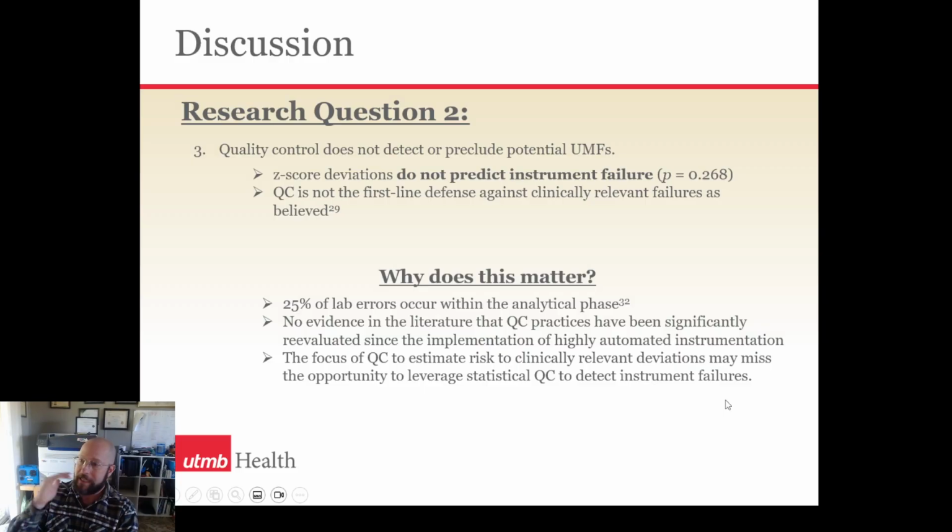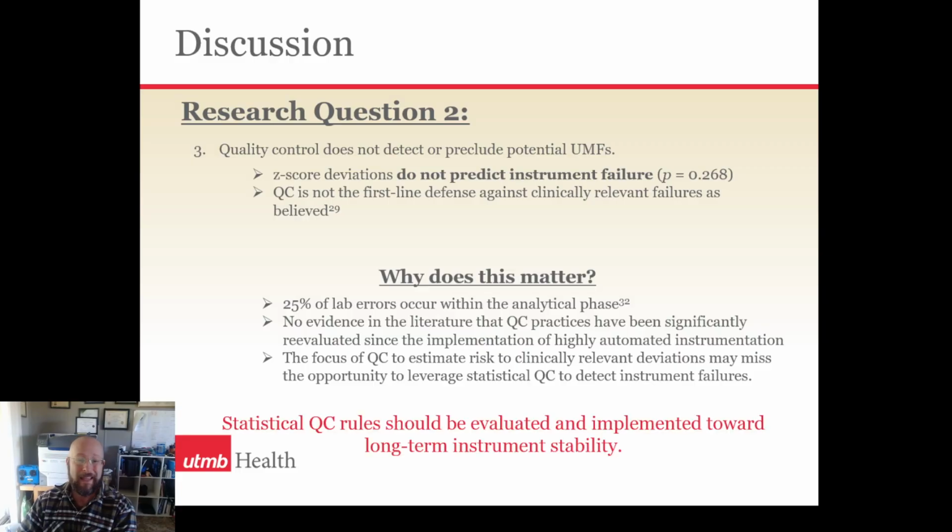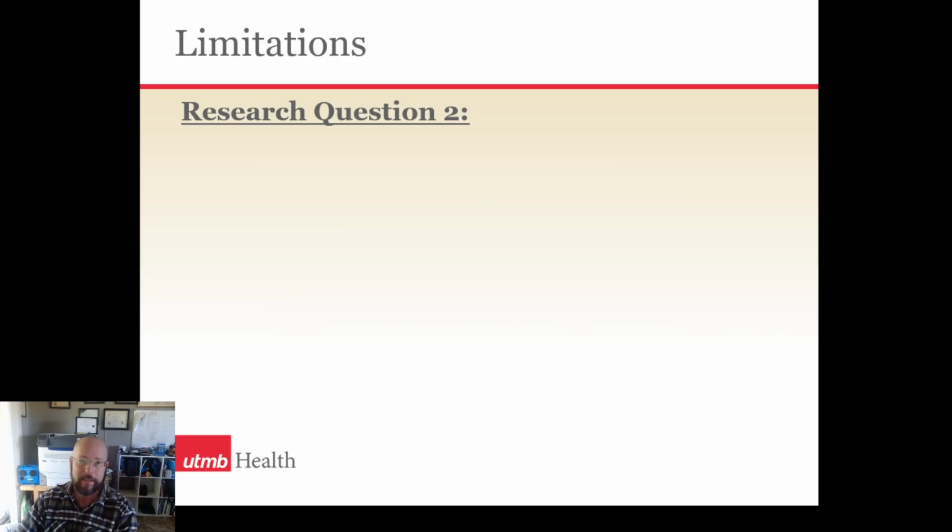So your daily QC is going to detect failures for today, but can we use it to detect failures in the future? And that was my idea. So statistical QC rules should be evaluated and implemented towards long-term stability as well as current stability, clinical applicability of results.